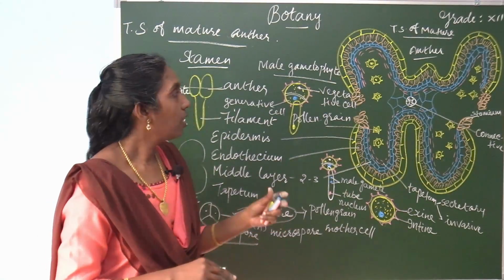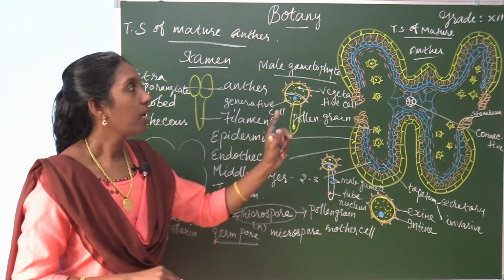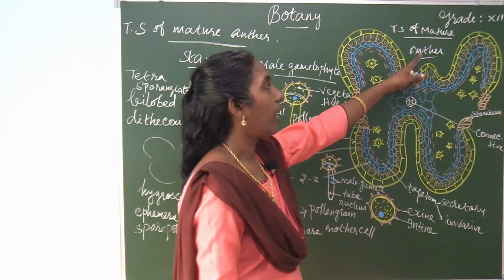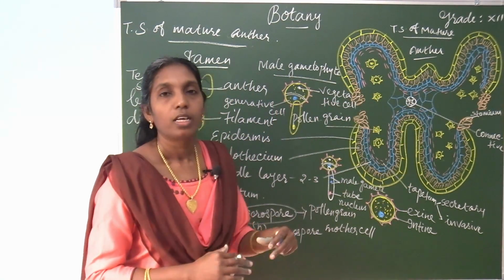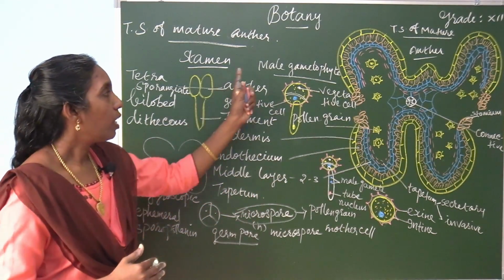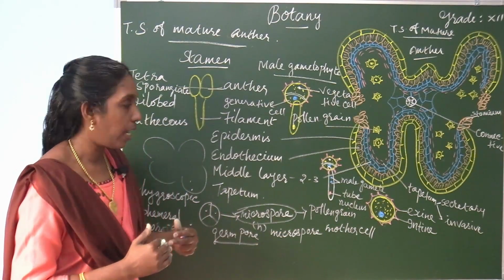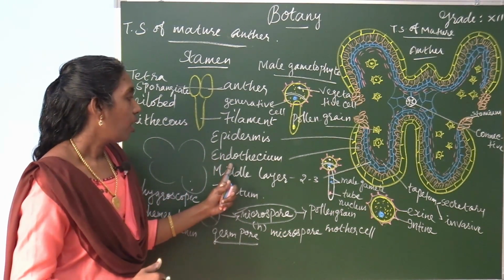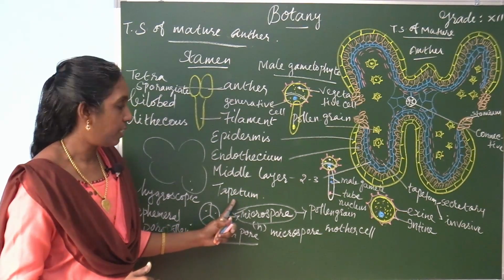Today you learned in detail about two questions: the TS of mature anther and the male gametophyte. In the TS of mature anther, give importance to the wall layers. There are four different wall layers, namely epidermis, endothecium, middle layer and tapetum.